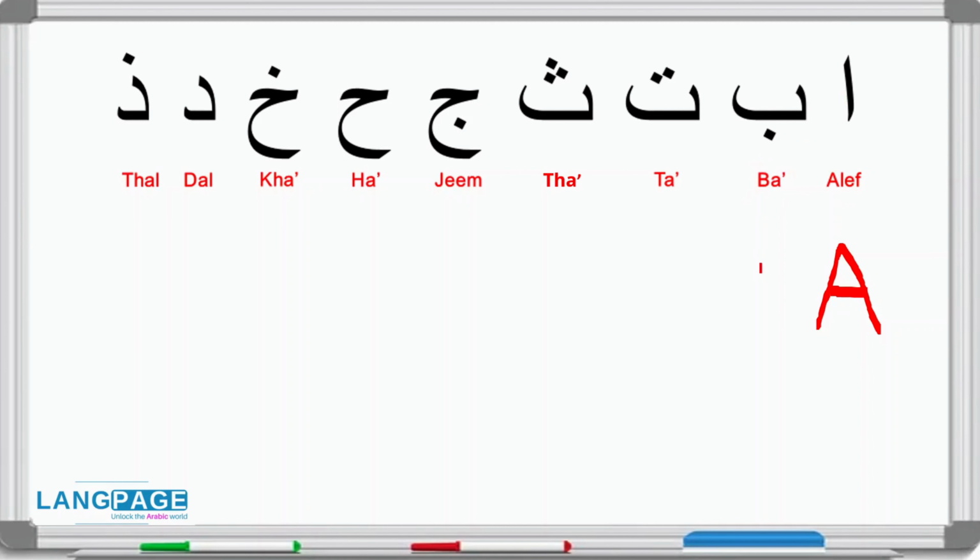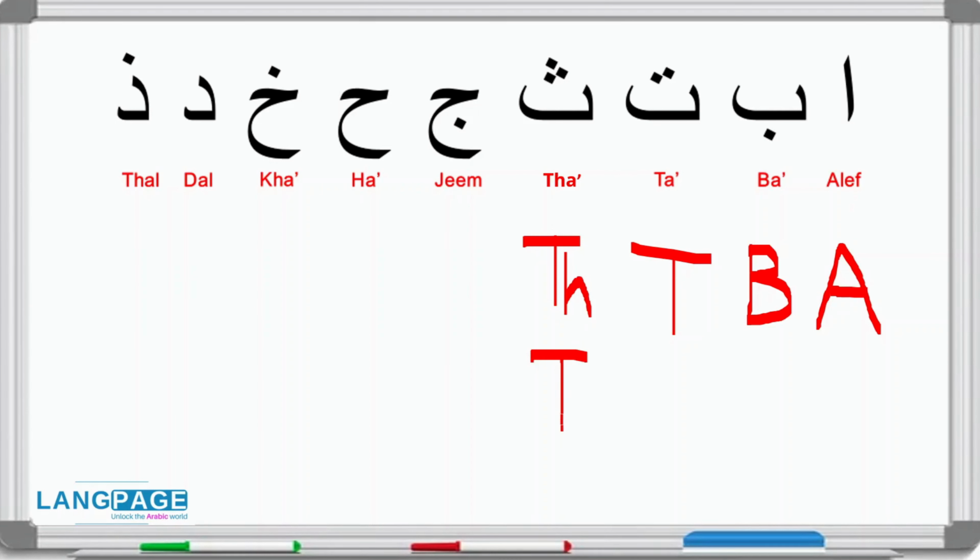Ba equals B. So, in English, I am having B, in Arabic, Ba. Ta equals T. And then I am having Tha. Tha equals TH. But here we need to be aware of a point.